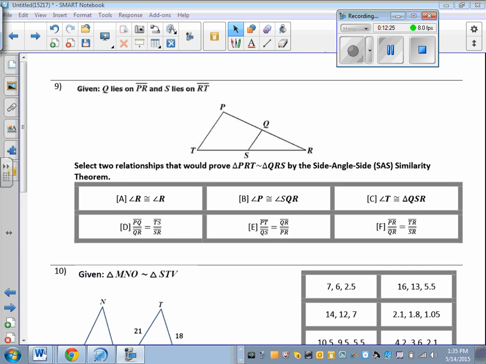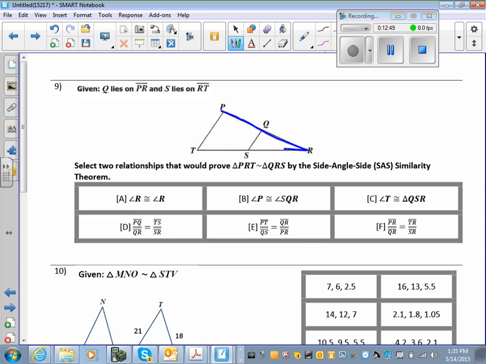All right. Select two relations that would prove that PRT is similar to QRS by side angle side is what you have to do. So SAS is what I have to use. And the two triangles I'm trying to prove to be similar are PRT, that's the one triangle, and the second one is QRS.